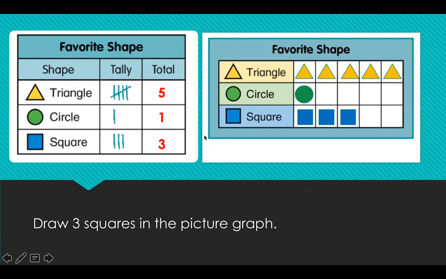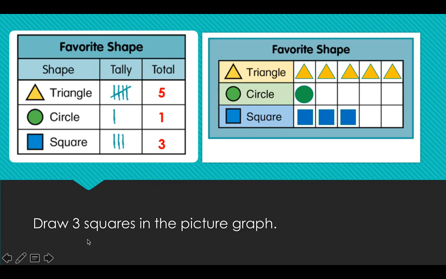We created a picture graph to show the same data that's represented in our tally chart. Instead of using tallies, we used pictures to show this data. But in both my tally chart and my picture graph, I have 5 people that said triangle is their favorite shape, 1 person that says circle is their favorite shape, and 3 people that said square is their favorite shape.